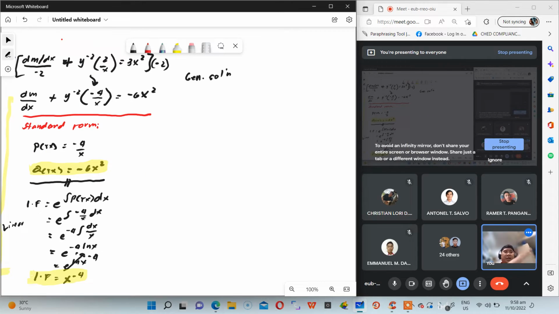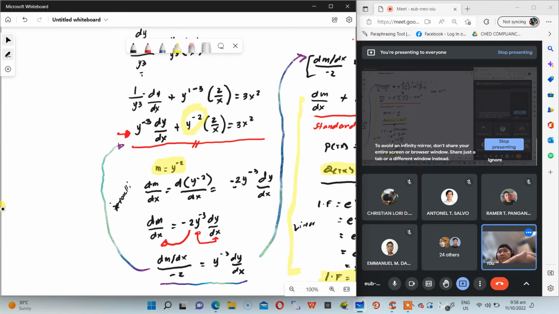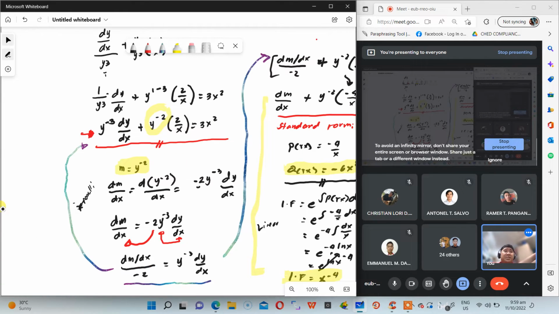It doesn't matter what type it is, the process will always be the same. Just make sure you know whether to integrate or derive. General solution. This should be Bernoulli in y. In a linear differential equation, it should be y, but since we use m, still obviously the equivalent of m is just y.